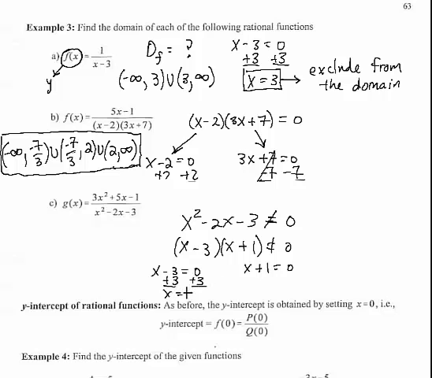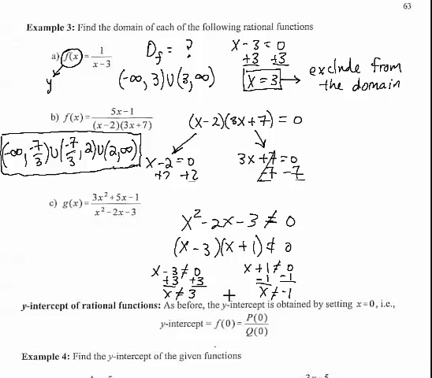And I suppose I should bring down a does not equal, because that's the symbol that I used to start with. So in other words, if we do not want this polynomial to be 0, does not equal, then I do not want x to be 3. Likewise, I do not want this factor x plus 1 to be 0, so I do not want x to be a negative 1.